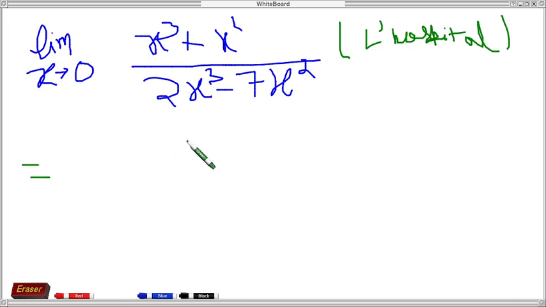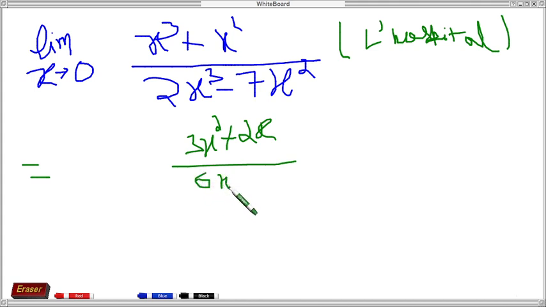So simply, what is the differentiation of this? 3x square plus 2x, and the differentiation of the denominator is 6x square minus 14x.